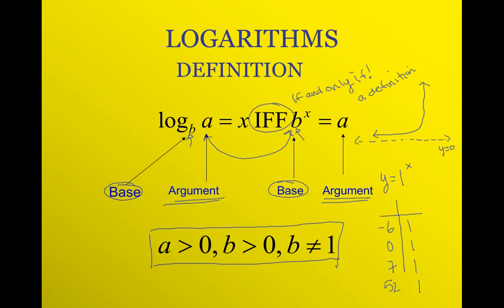So no matter what x value you put in, you get a horizontal line. This is just equivalent to 1. That's just the line y equals 1. So it's not a logarithmic function. It's not an exponential function if your base is 1. So base is going to be greater than 0, and it's not going to equal 1. And this will be an idea that comes up often.